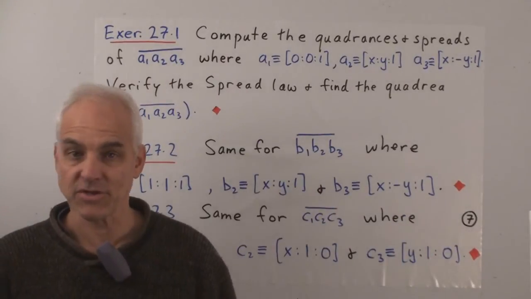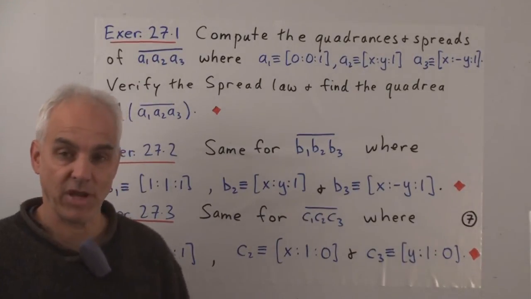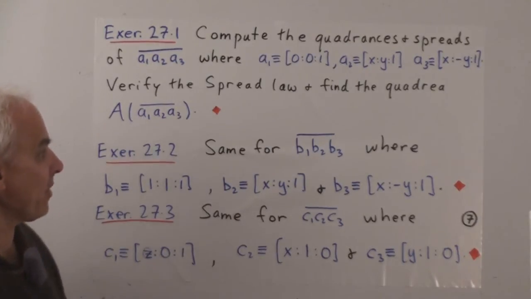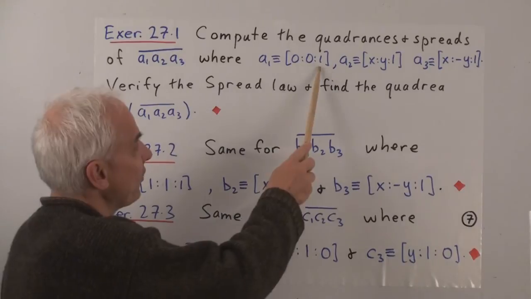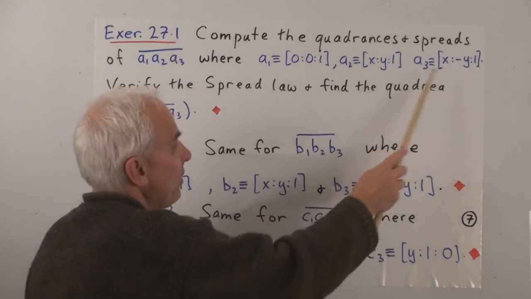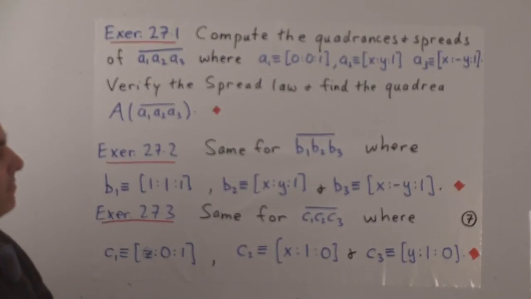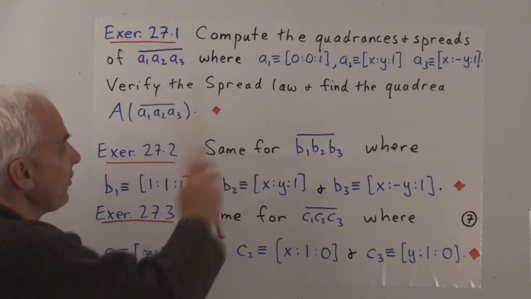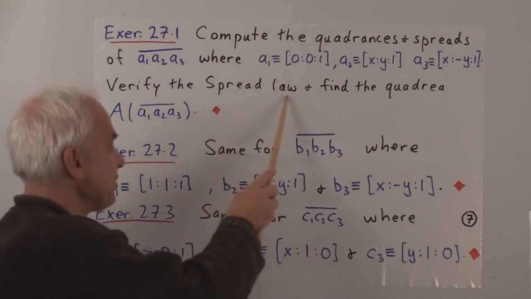Okay, so these three exercises are a little bit the same. I want you to compute quadrances and spreads for various triangles and verify the spread law and find the quadria. So for example, for the 3 points A1, A2, and A3 here, involving some variable parameters x and y, calculate the quadrances and spreads in terms of x and y, verify the spread law.